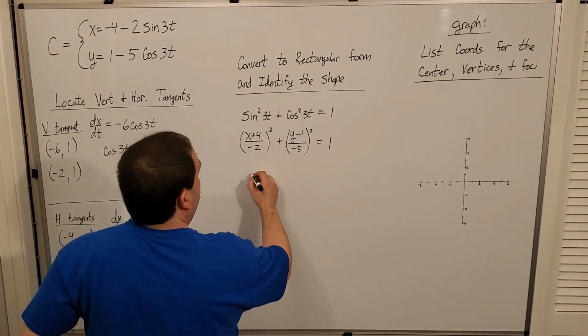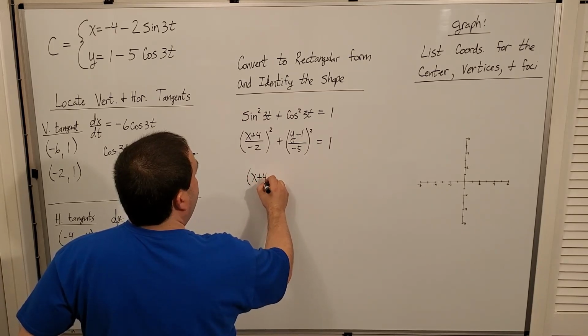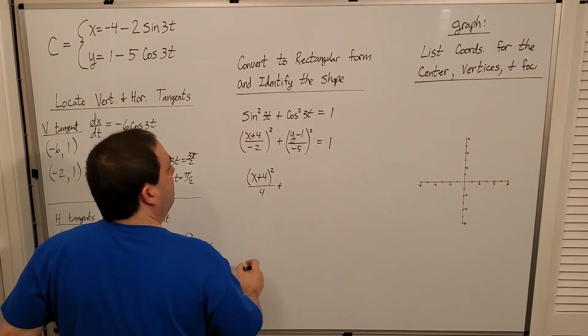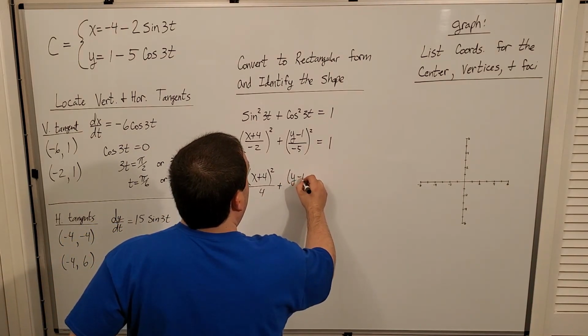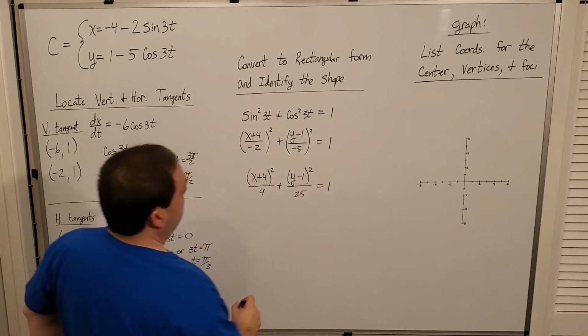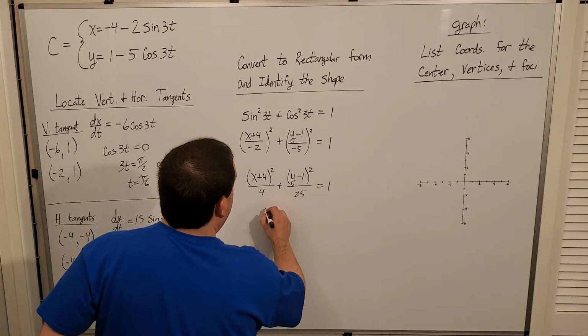Okay, so then let me shape this up a little bit. I've got x plus 4 squared over 4 and y minus 1 squared over 25, like so. So this is definitely an ellipse.